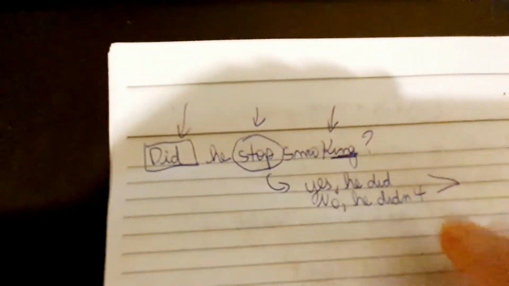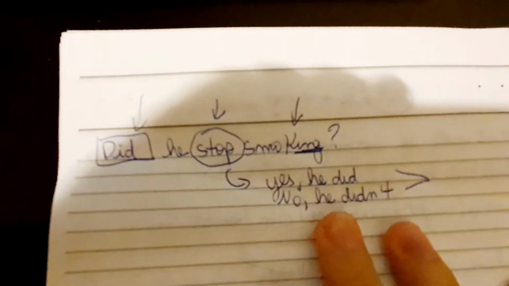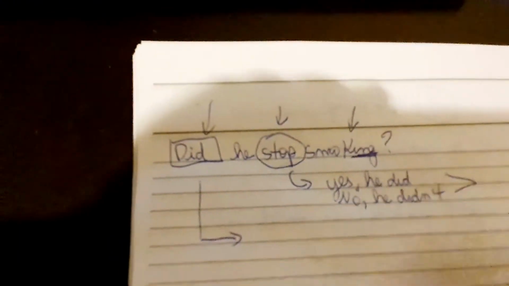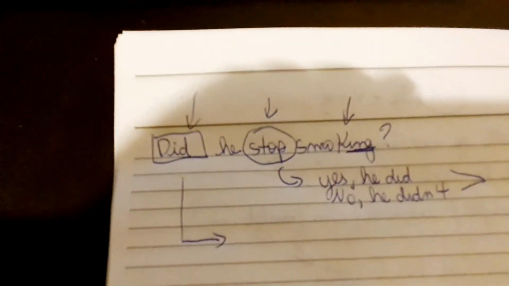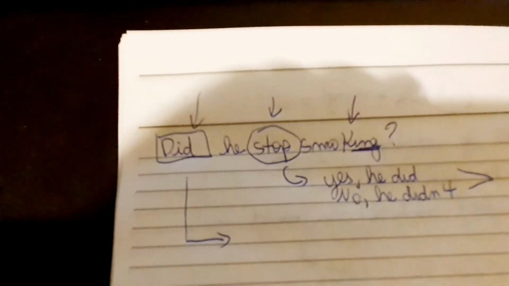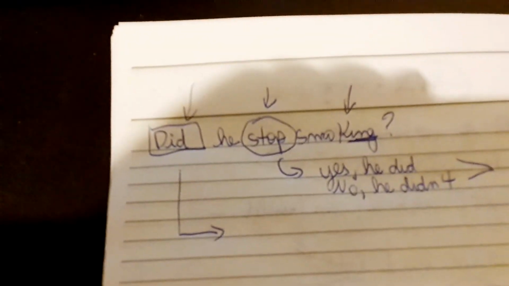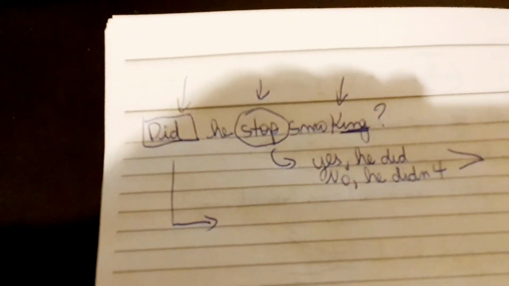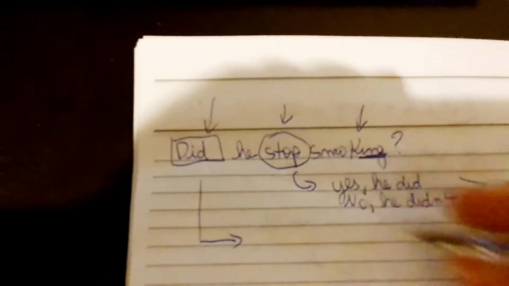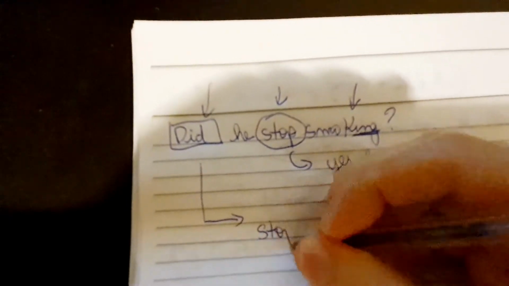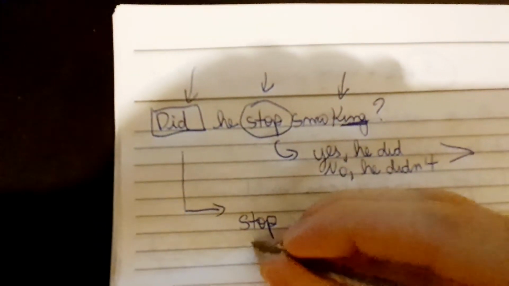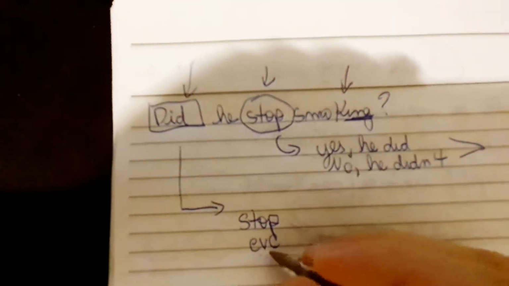Giving short answers is very straightforward, okay? But when you give complete answers in the affirmative mode, you have to remember that we have regular verbs and irregular verbs. Stop is a regular verb with a sequence of consonant, vowel, consonant.